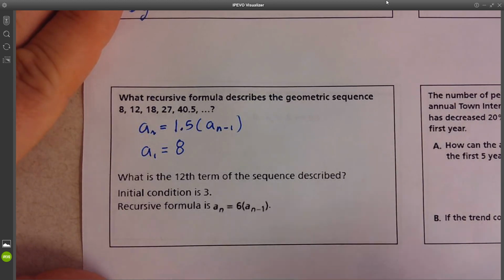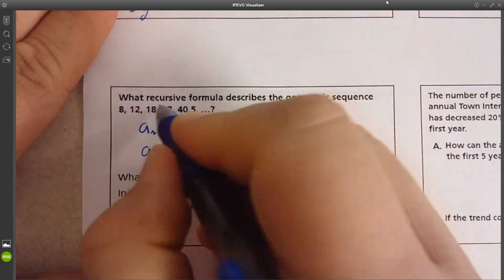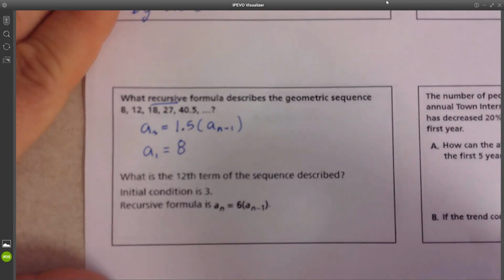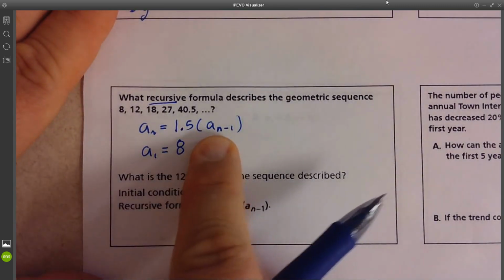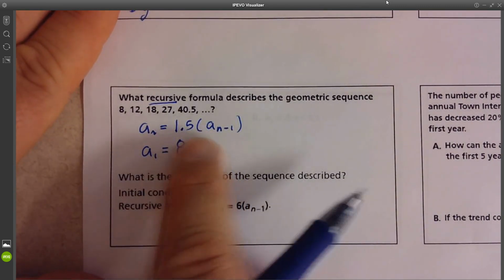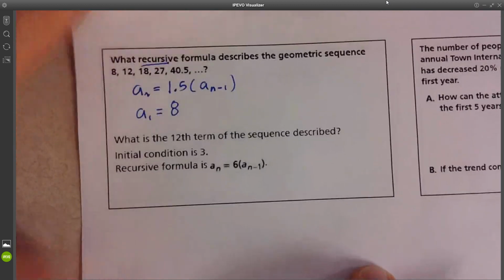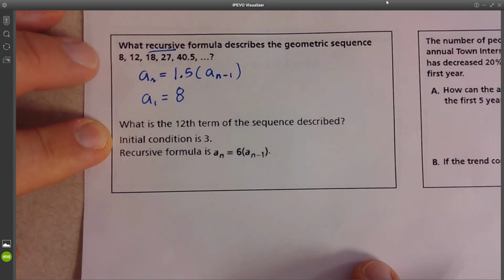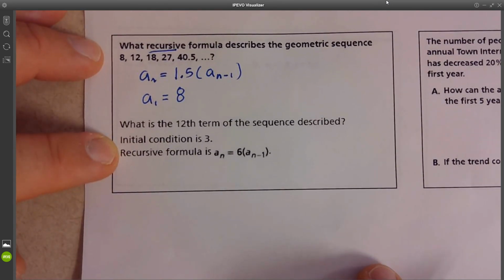Okay, easy peasy. And I remember recursive always means like reverse, like the one before. So this is the one where they just tell you what the one before is to figure out the next. What is the 12th term of the sequence described? Initial condition is 3.